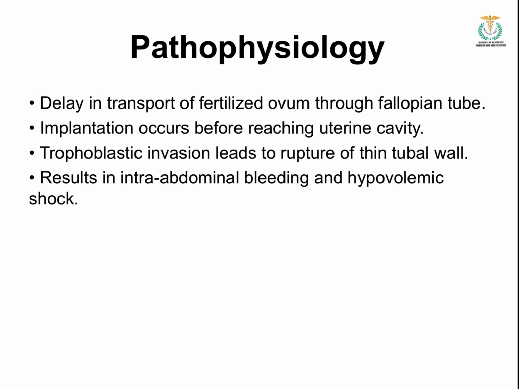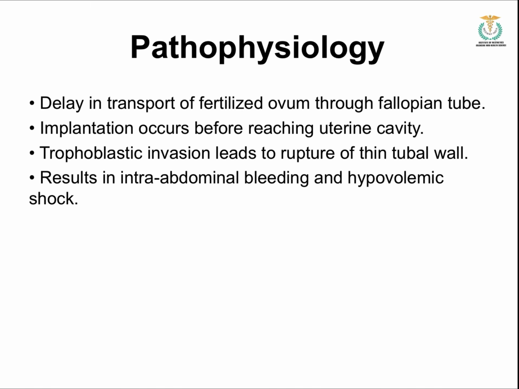Moving on to the pathophysiology. Pathophysiology is simple and clinically very useful. When there is a delay in passage of the fertilized ovum through the tube, it can get implanted within the tube. This leads to trophoblastic invasion, which erodes the thin tubal wall, leading to bleeding and eventual rupture. There is poor remodeling of spiral arteries, and the abnormally located conceptus leads to progressive trophoblastic growth and weakness of the tubal wall.